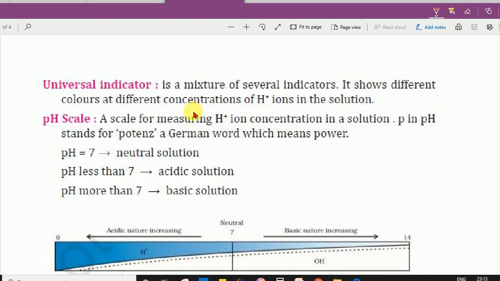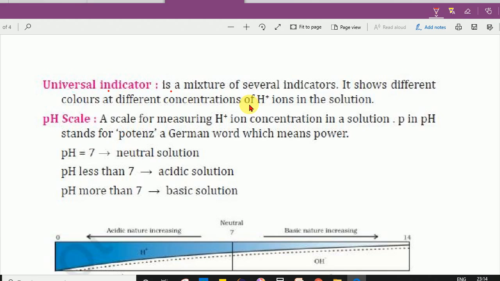So today we will study a universal indicator, which is pH paper or the pH scale. What is a universal indicator? We call it a universal indicator because it is a mixture of several indicators, such that it can show different concentrations of H ions in a solution.